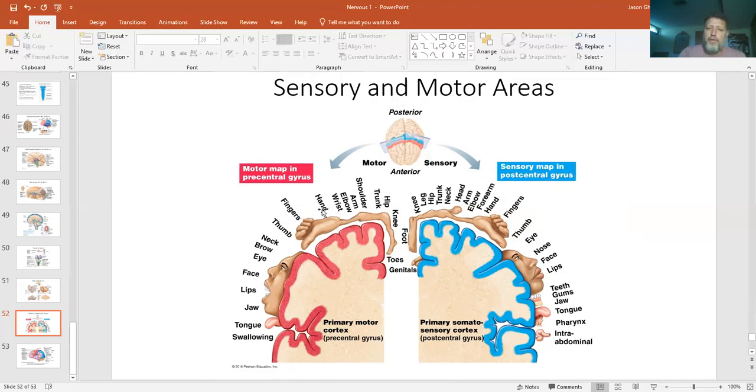The larger the picture of whatever it is, the more it controls that. So that's why you see things in various sizes. All right. So this portion of the brain is going to control a lot of the facial movements. This has got a lot of hand movements here, a little bit of feet on the left side, a little bit more controls it on the right side, so forth.